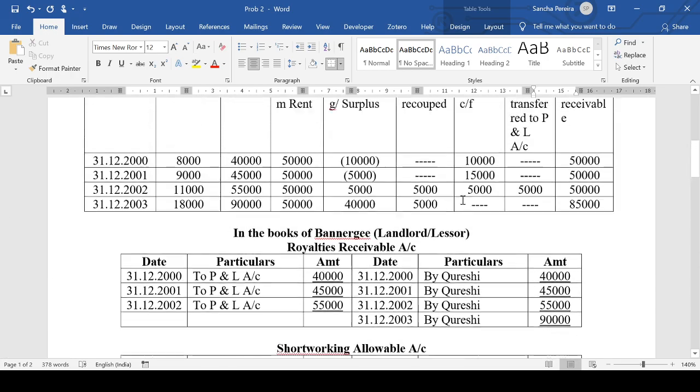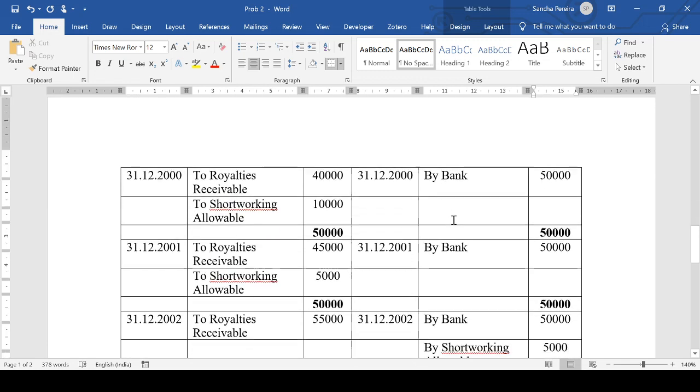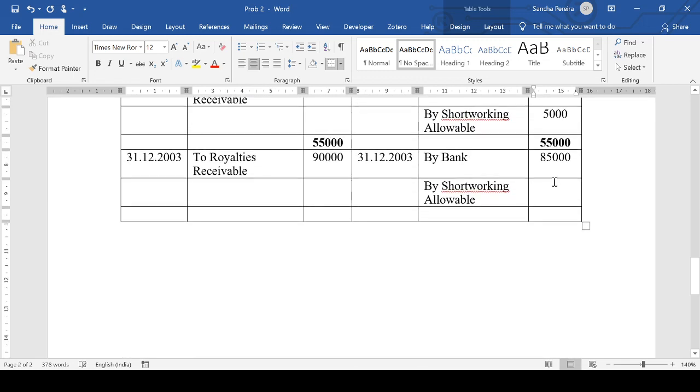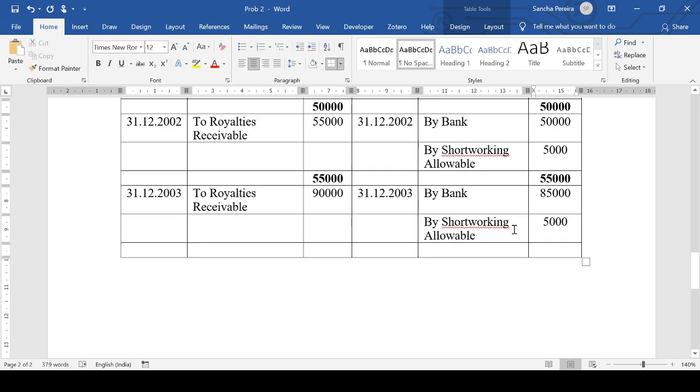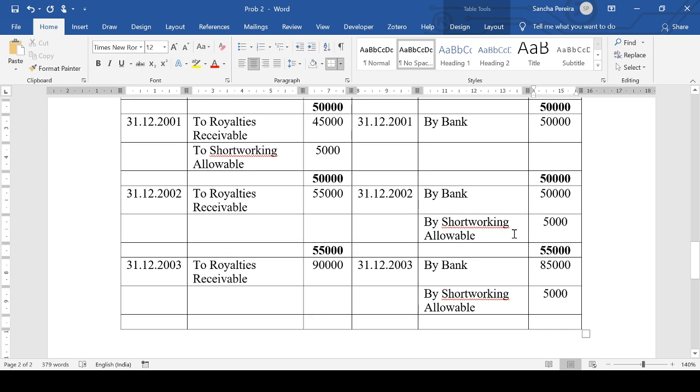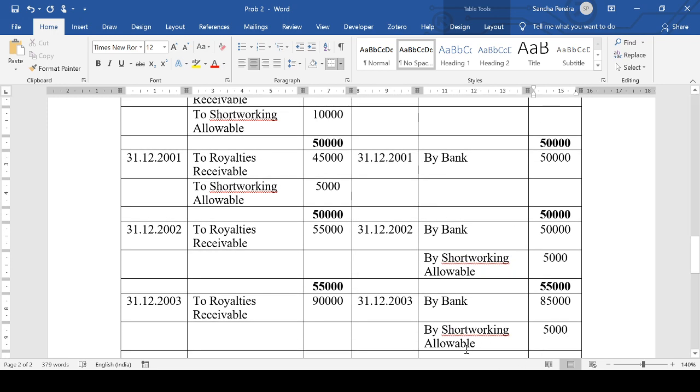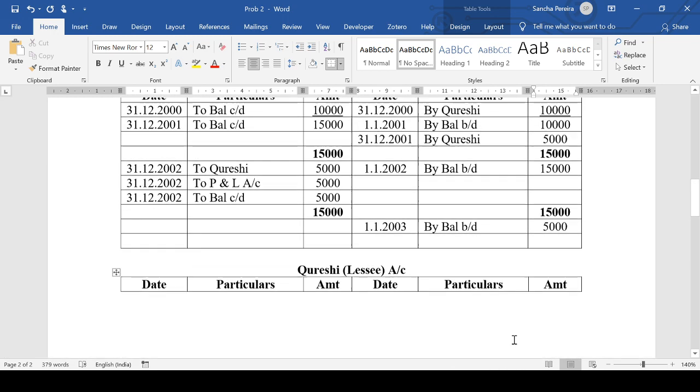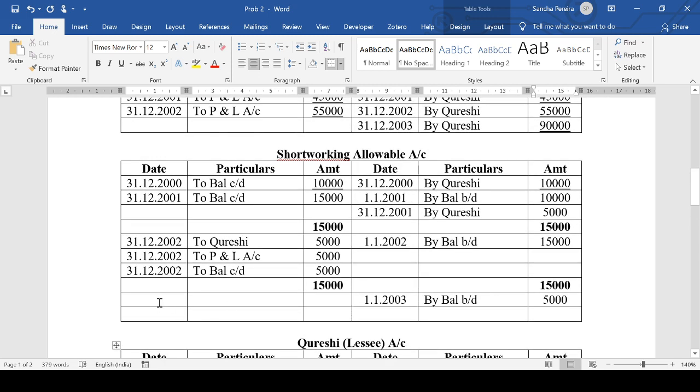How much has been recouped? I think 5. So by short working allowable, in short working allowable it will be to Qureshi 5,000.